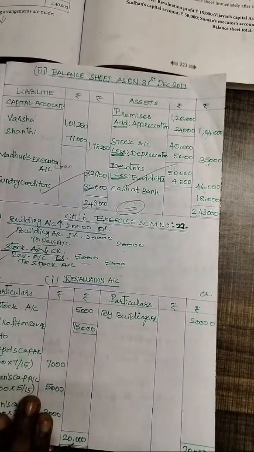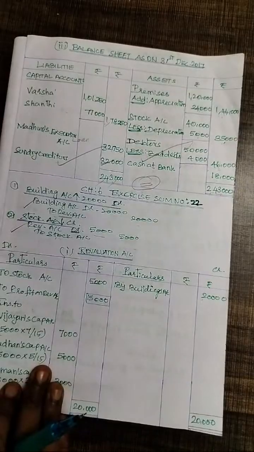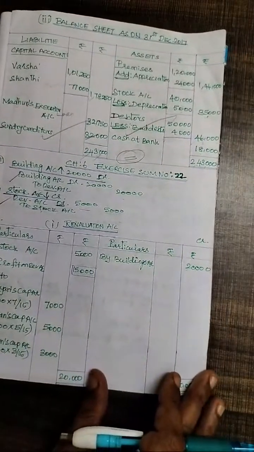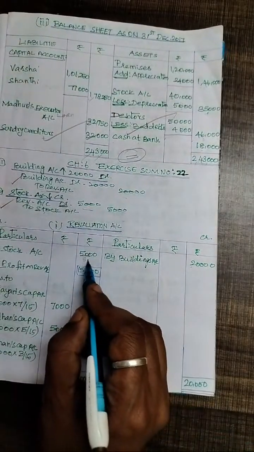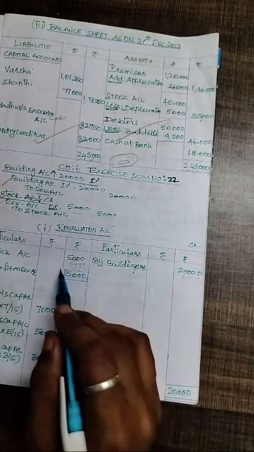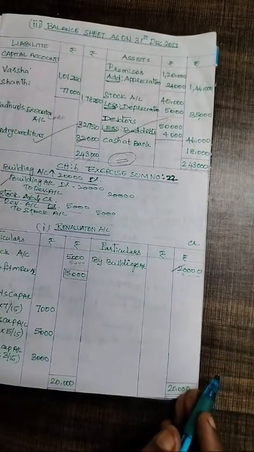Now we have to find the total. How can we find the total? Whichever side has the higher value, that side we consider as the total. Accordingly, on the debit side we have 5,000 rupees, on the credit side we have 20,000 rupees. After comparing both sides, which side has the higher value? The credit side has the higher value.